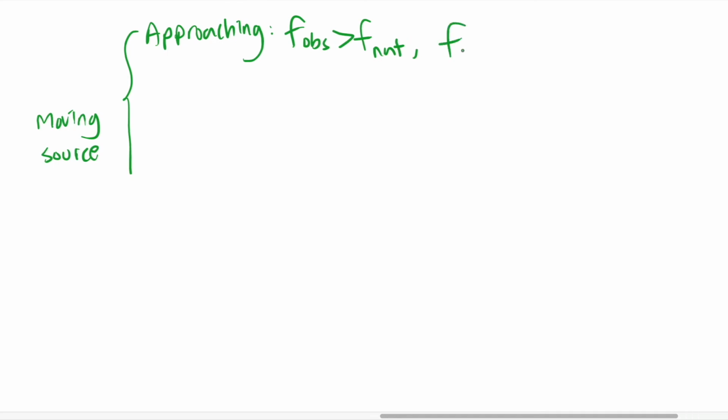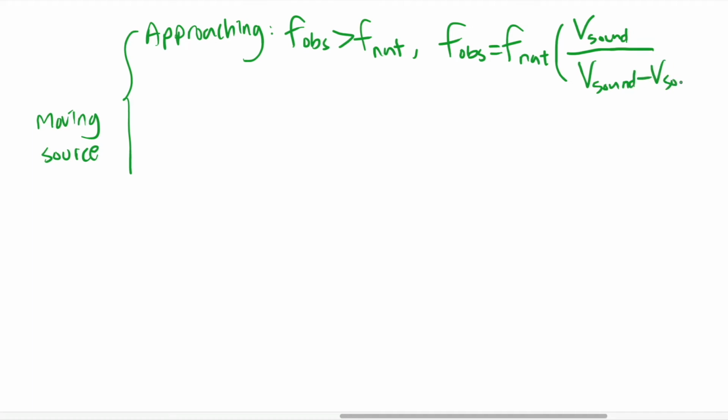And this observed frequency is equal to the natural frequency multiplied by velocity of the sound divided by velocity of the sound minus velocity of the source. And it does make sense because the negative sign allows the frequency to be larger.